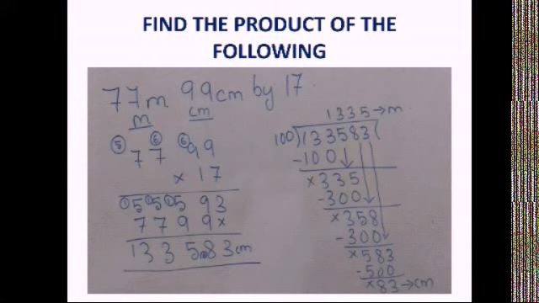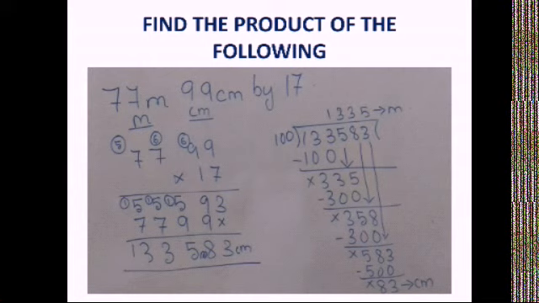Because we are converting from centimeter to meter, so divide the whole answer by 100. When you divide the whole answer by 100, as you can see, in the quotient you will get 1,335, and in the remainder you will get 83. And what I taught you in the previous class, the number which will be there in the quotient will be in the higher unit. So between meter and centimeter, which is the higher unit?